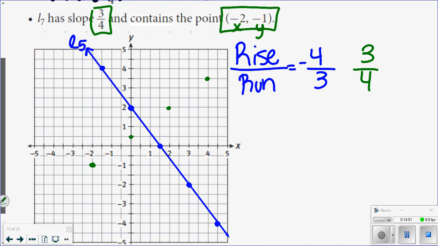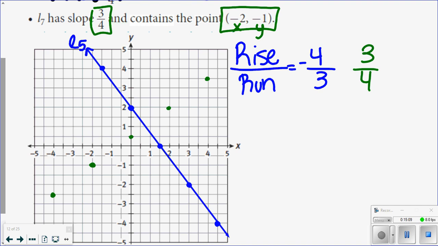Then I'm going to go back to that first point I drew, which is (-2, -1), and go the other direction. So down 3, left 4.